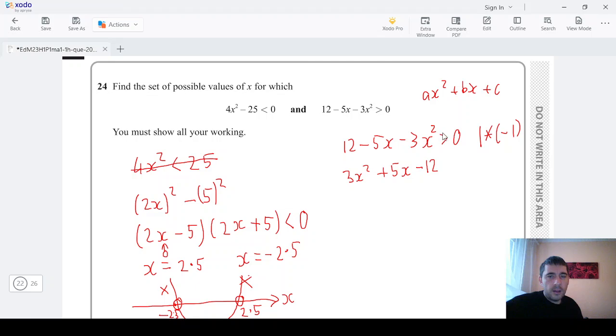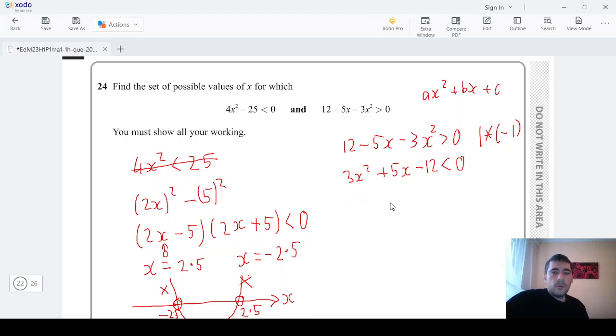So that greater than turns into less than 0. What I've done is just times by -1, which swaps positives into negatives, which basically flips the x-axis.